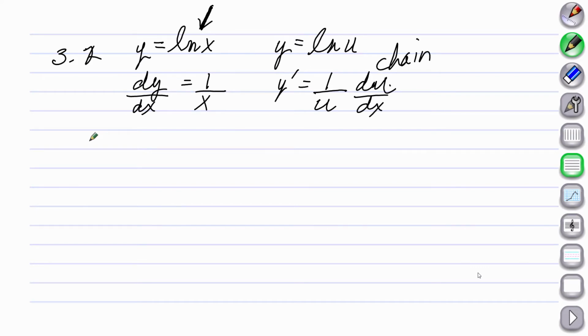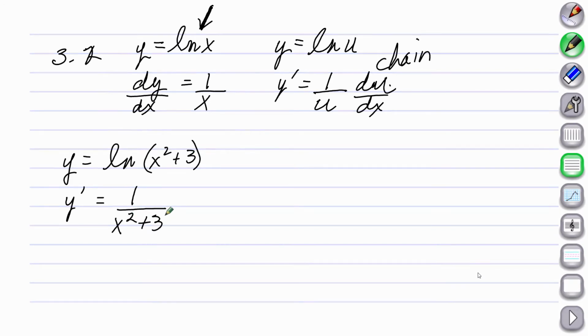All right, so let's start out with one. Let's say we have y equals ln of x squared plus 3. I'm just going to make up a problem to show you. It's a little bit more complicated than just x. So y prime is 1 over x squared plus 3, just the way it's written, times the derivative of this, which would be 2x.